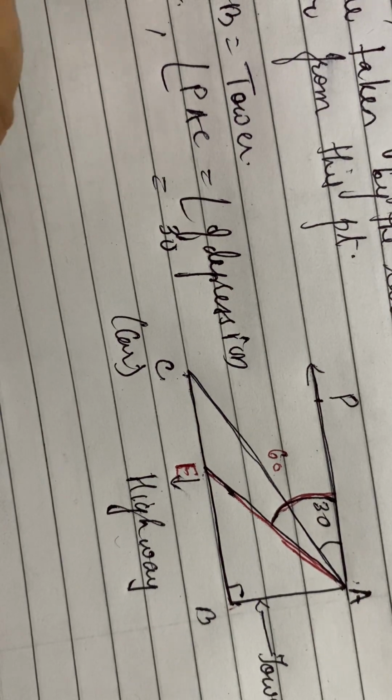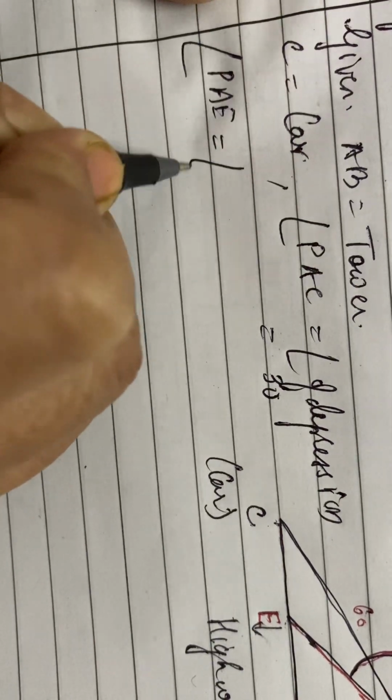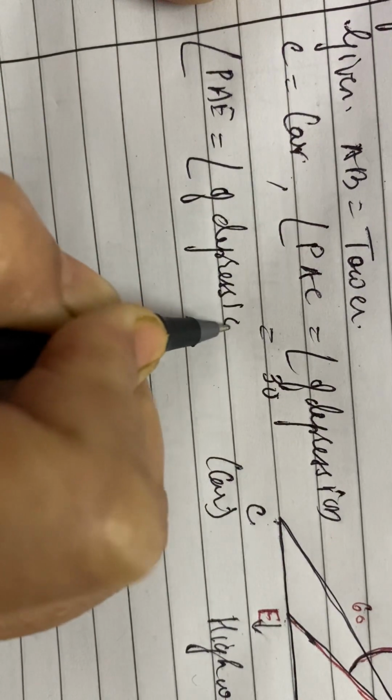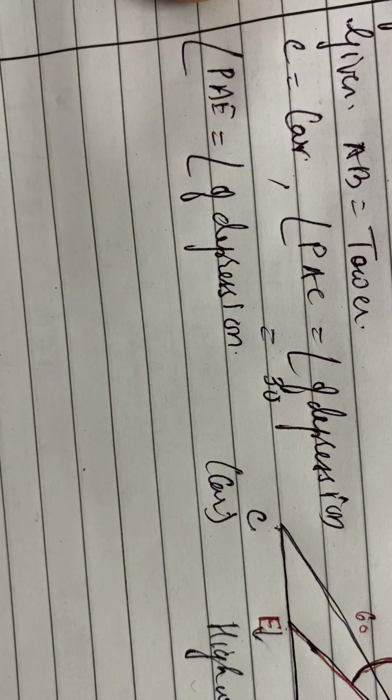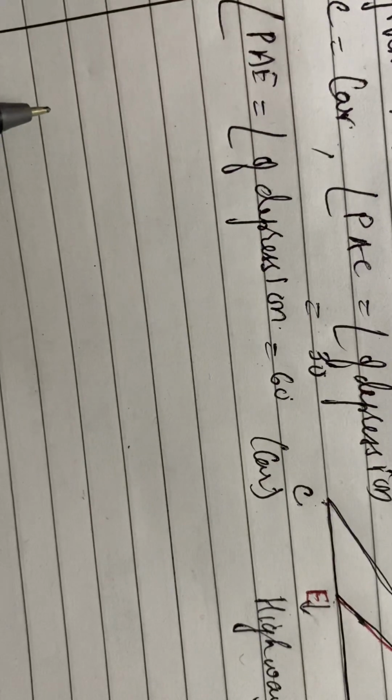Angle PAE is again angle of depression for the second position of the car after 6 seconds, which is equal to 60 degree.